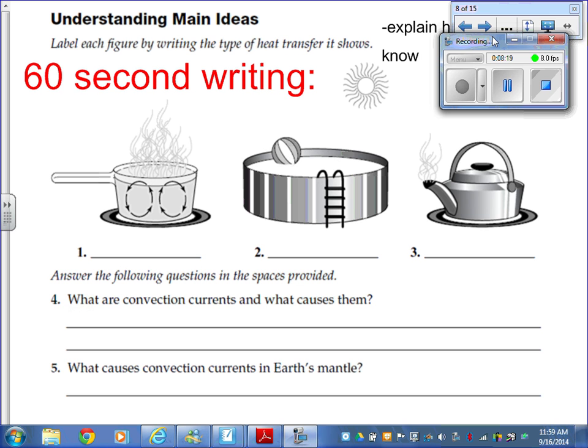Real quickly, and then on the next page I'm going to explain it a little bit more. Is this conduction, convection, radiation? And how do you know? On the next page, guys, I'm going to explain each one of these, but how about this one?